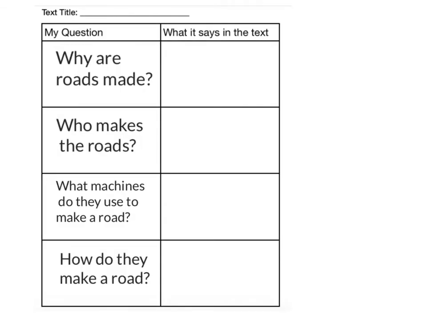So after reading the first page, I know the answer to my first question, so I'm going to record that answer. So here's the answer to my first question. The roads are too overcrowded, and there are new houses that need roads. Now I'm going to keep reading and see if I can answer any of these remaining three questions.